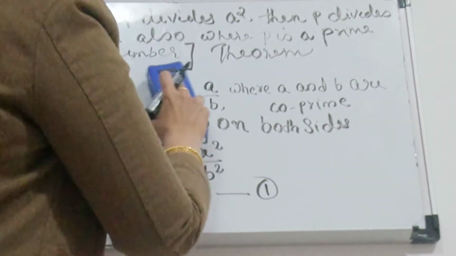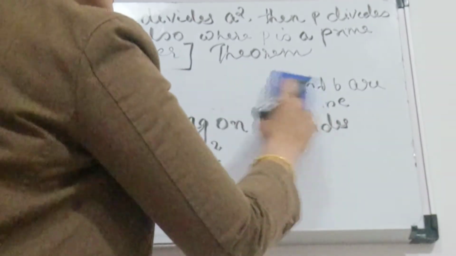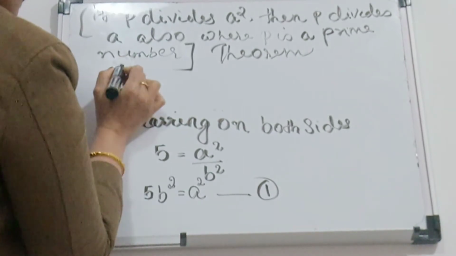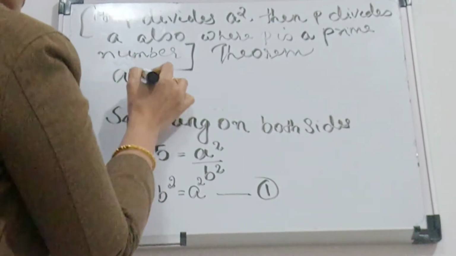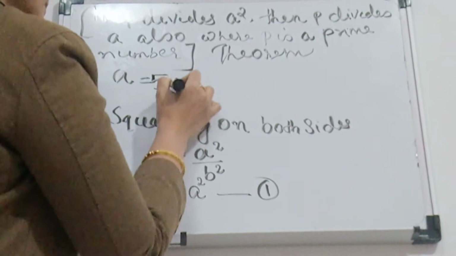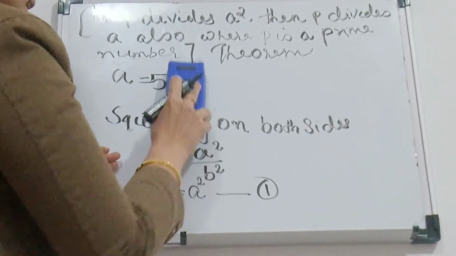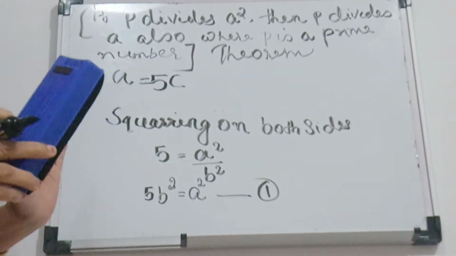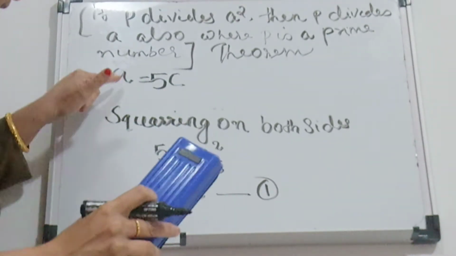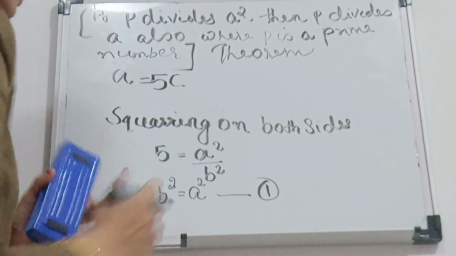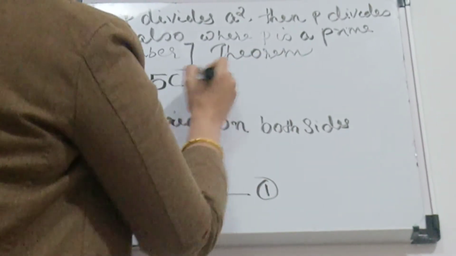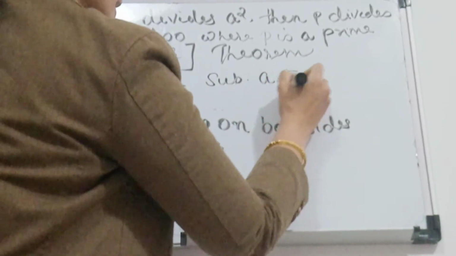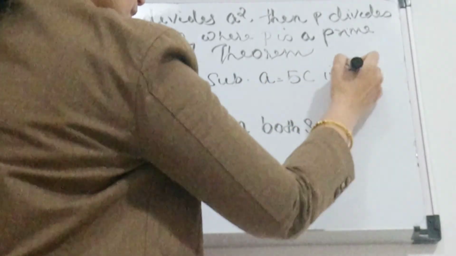So you can write a equal to 5c. This means a is divisible by 5. Substitute this a in this equation. Substitute a equal to 5c in equation number 1.